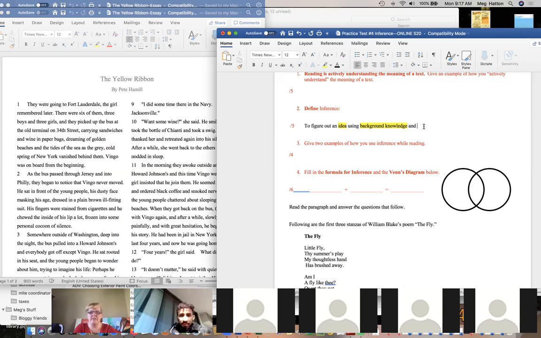So text evidence, right? We need to figure out an idea using background knowledge and text evidence. And what is the other really important thing to remember about inference? It has to be logical. Yes.